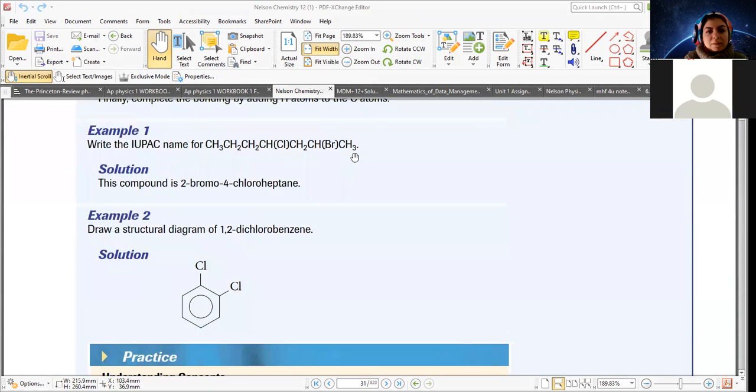Write the IUPAC name of that. So how do we do that? We know, how many carbons are there? 1, 2, 3, 4, 5, 6, 7 carbons. And now, does this Cl belong to this one or that? Of course, this belongs to this. Why? Because it has 1 hydrogen, while the other has 2 hydrogen.